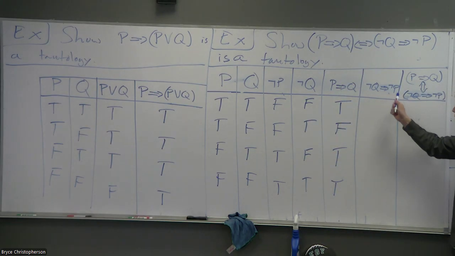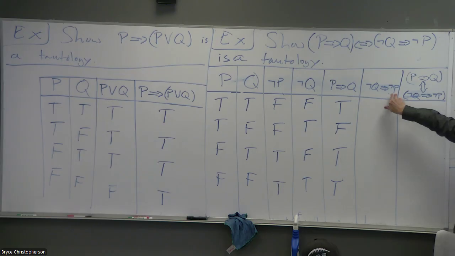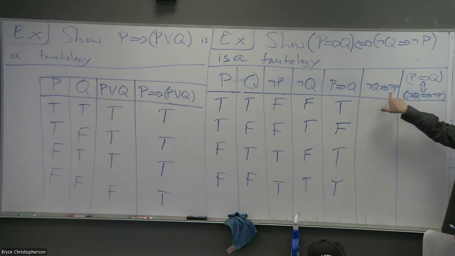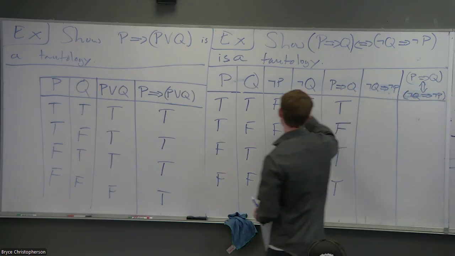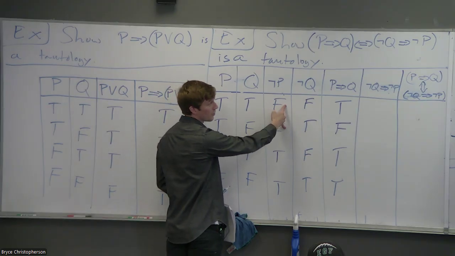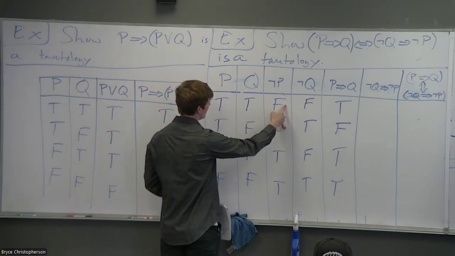Now let's do not Q implies not P. So when is this false? When the second thing, not P, is false, but the first thing, not Q, is true. So let's look at the second thing, not P. When is it false? What are the values of not Q?